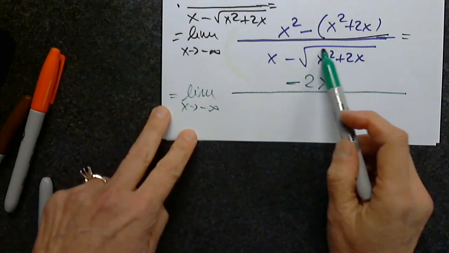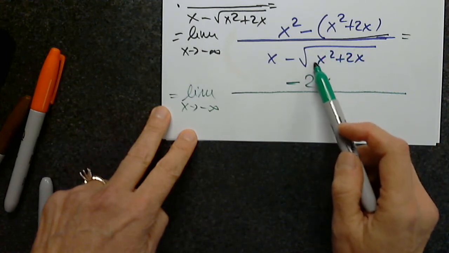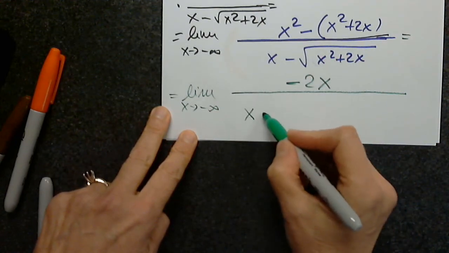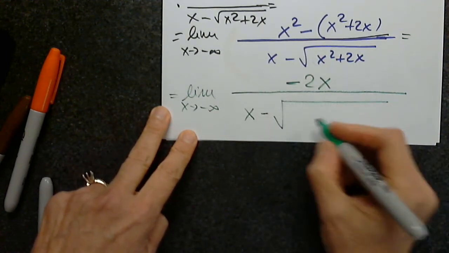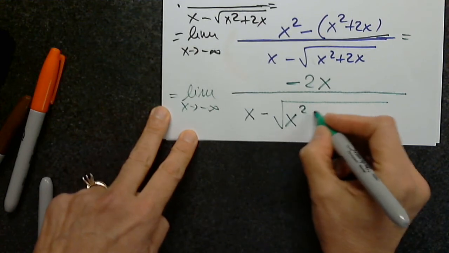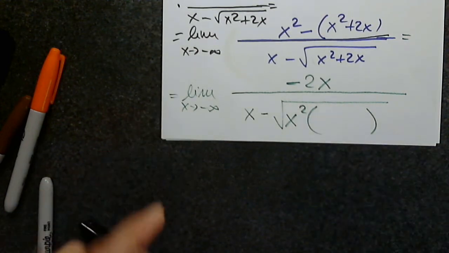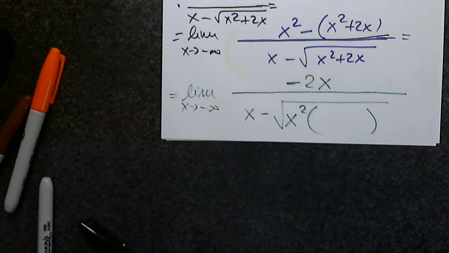One more time, what is the degree of this expression? 2. Since the degree is 2, I'm going to force out an x squared, still under the square root. I can't do anything just yet. If the degree were x cubed or 3, I would have factored out x cubed. If the degree were x to the 4 or 4, I would have factored out x to the 4.